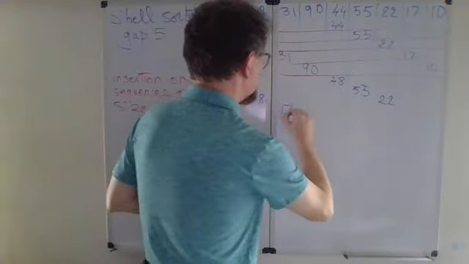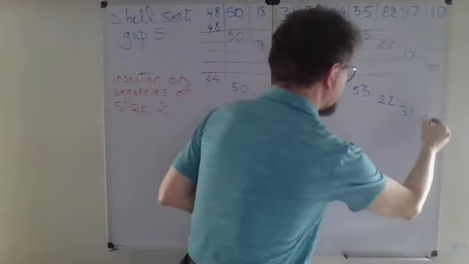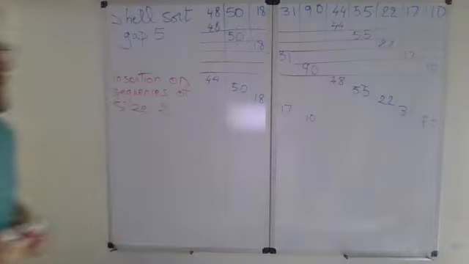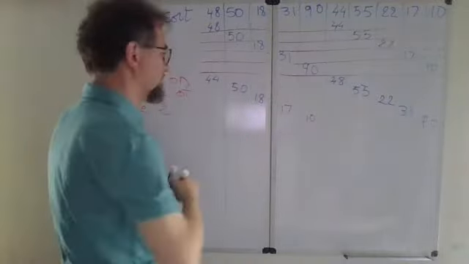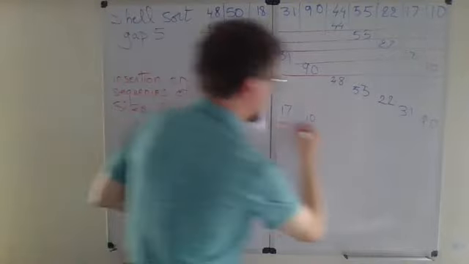Here I swap 17 with 31. And then you can see that our smallest element, 10, has moved quite far up.